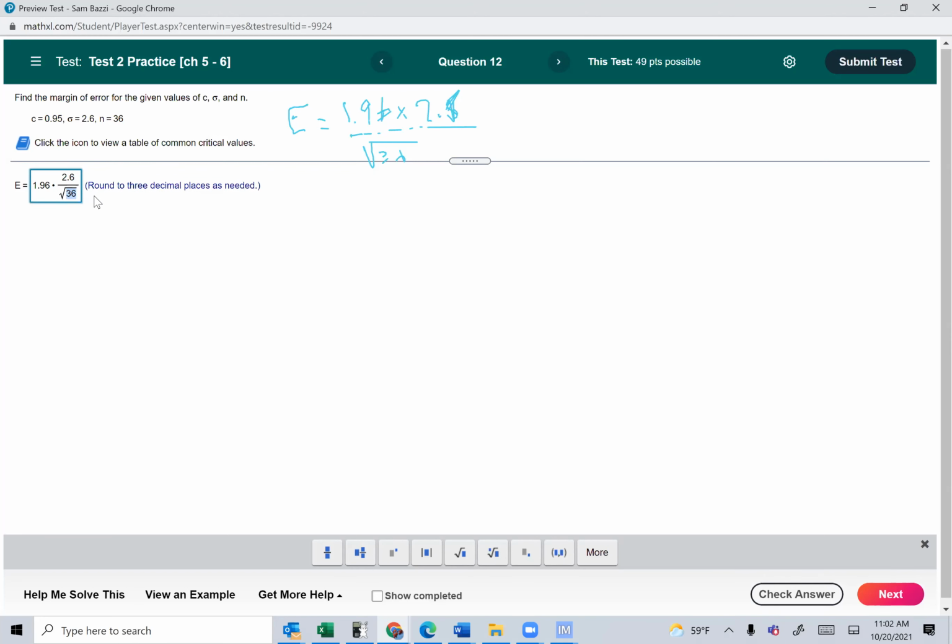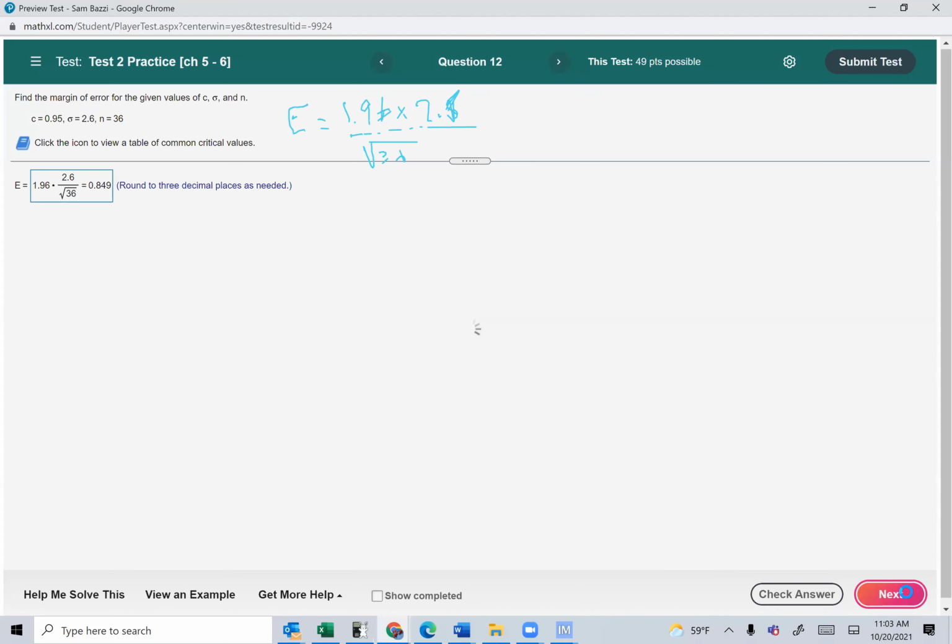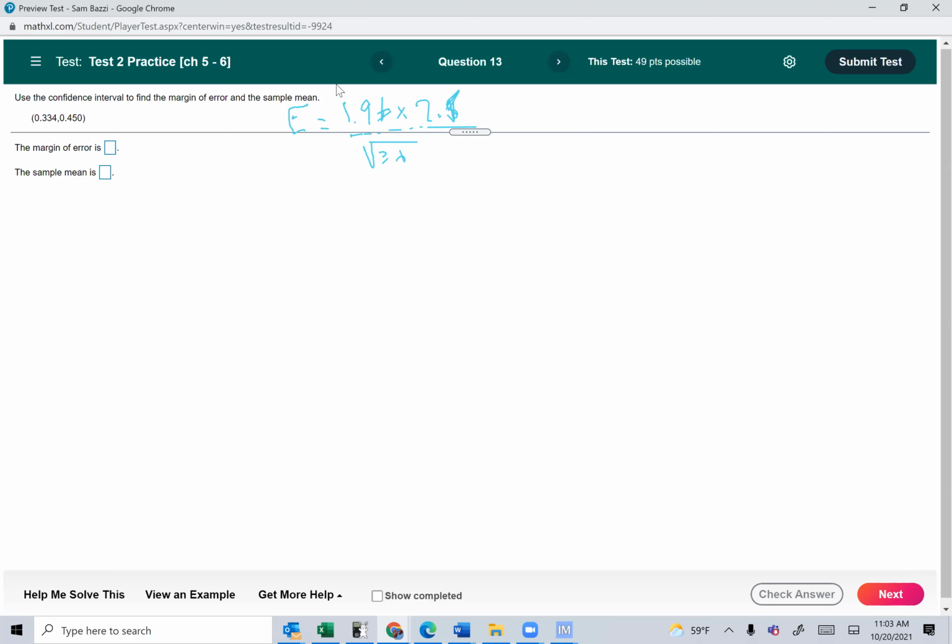If you do the math, 1.96 times 2.6 divided by square root of 36, I get 0.849. He says 3 decimal places, so your answer will be 0.849. Okay, let me move to the next question.